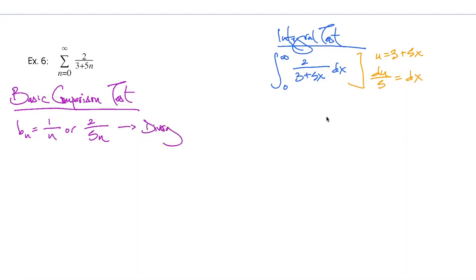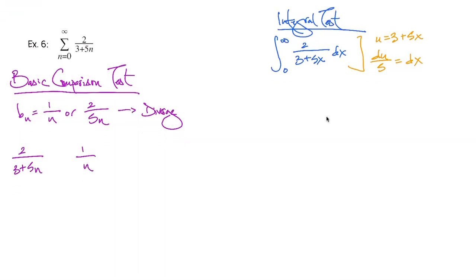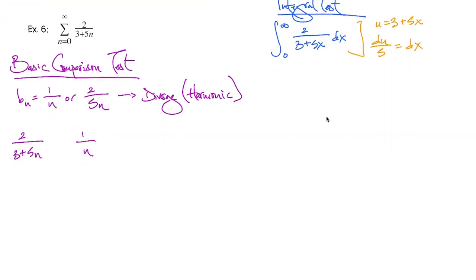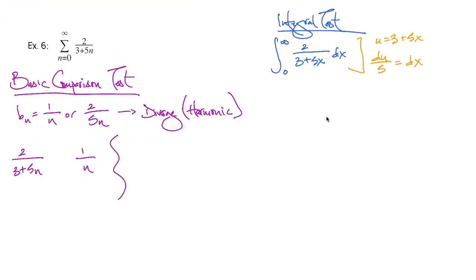And why is that? Harmonic. They're harmonic. Good. So let's see if we can establish a clear relationship between our original and the 1 over n. And then let's also see if we can establish a clear relationship between 2 over 3 plus 5n and 2 over 5n.